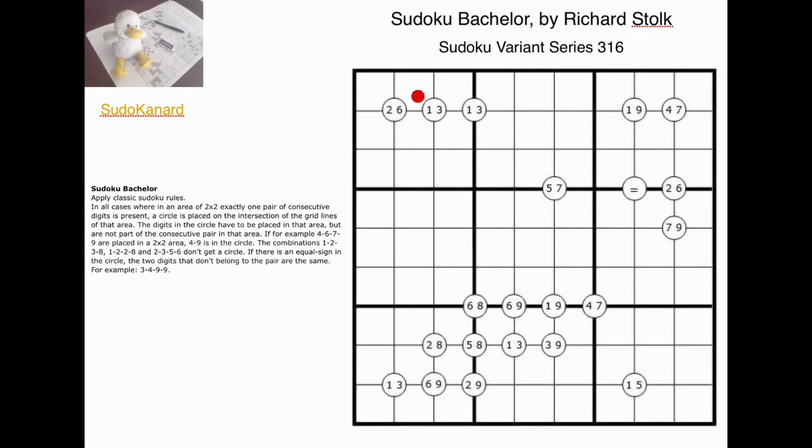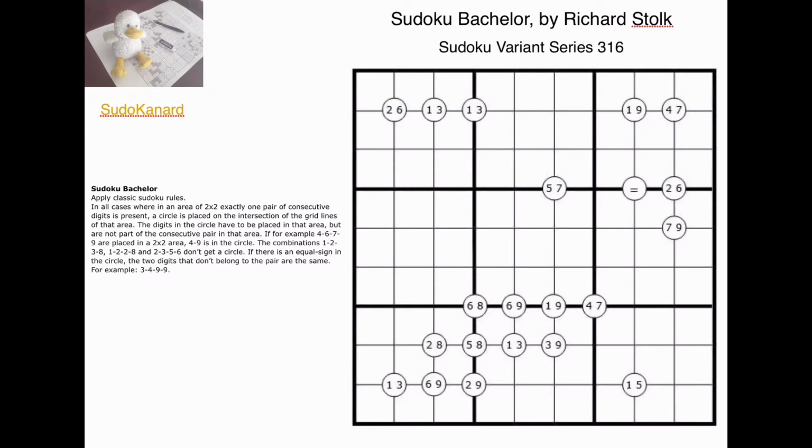The remaining two digits, I mean here the digits that are not 2 and 6 in this 2 by 2 square, must be consecutive, and they must not be consecutive with 2 and 6 here. And actually the condition is that in each one of those 2 by 2 blocks there must be exactly one pair of consecutive digits, and it must be the other digits than those that are written.